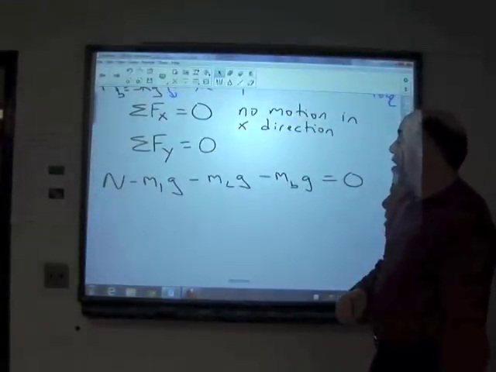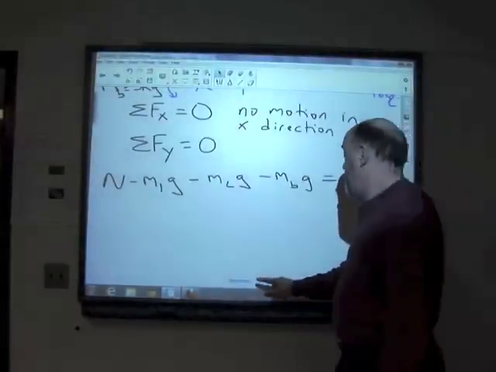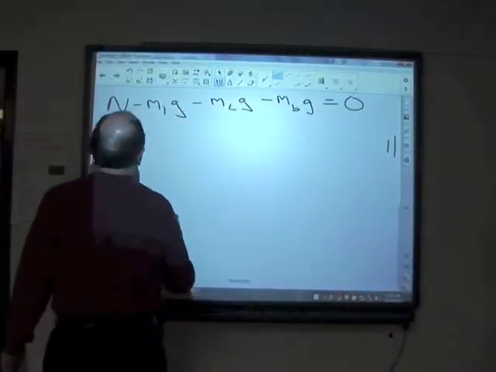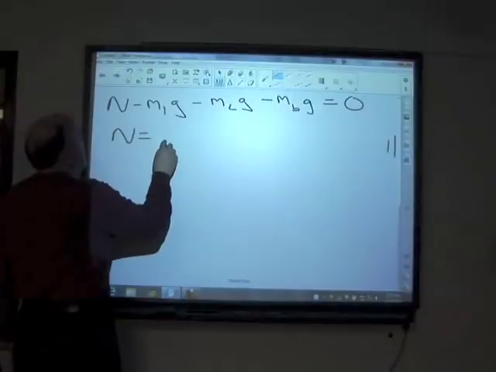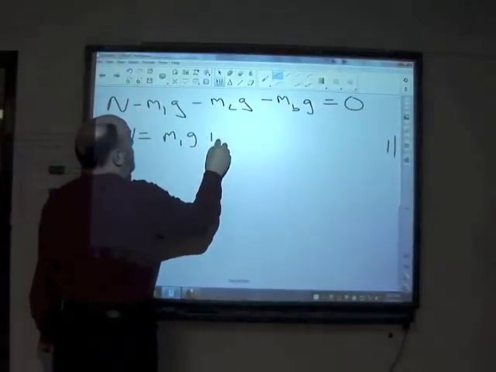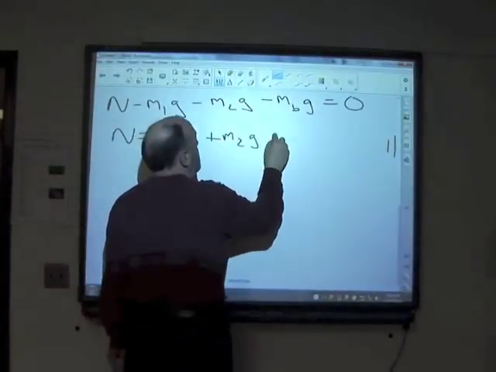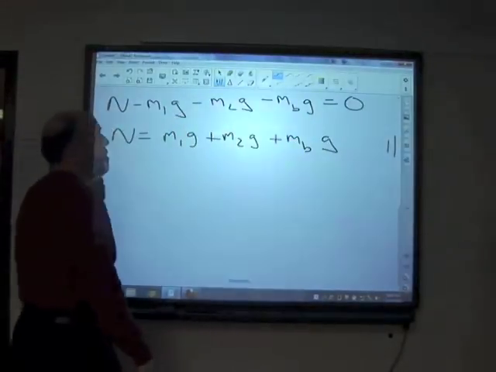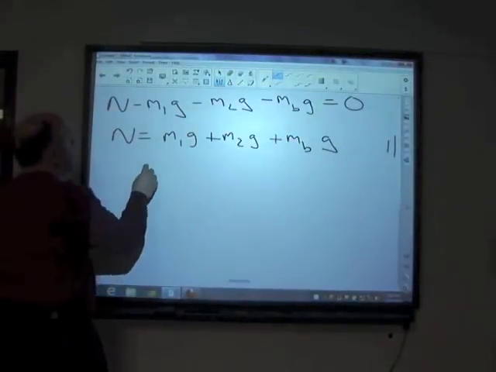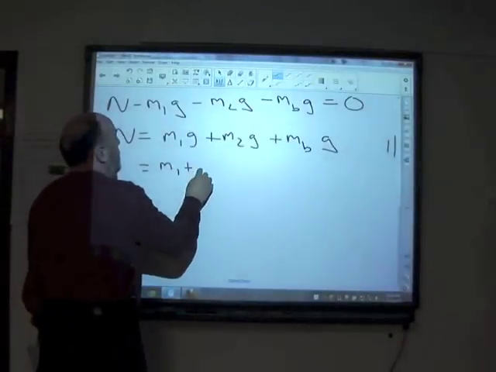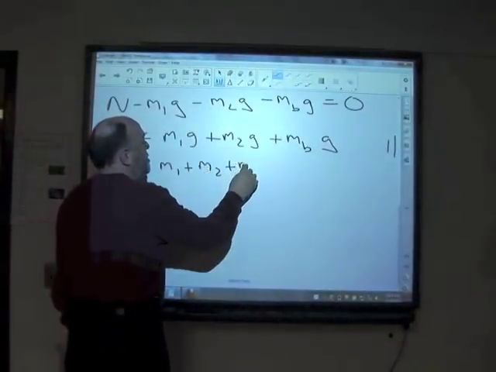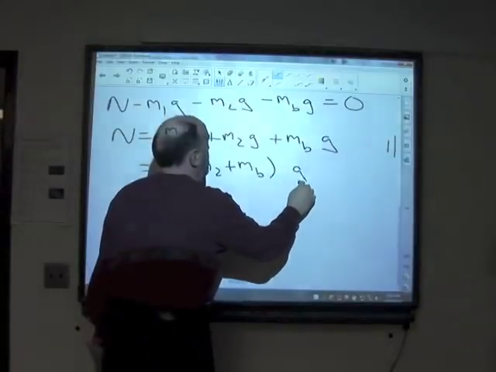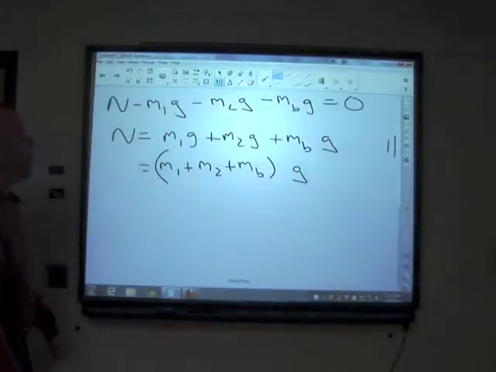So in this one, we can solve for n, the normal force, and the normal force will be equal to just the entire weight of my system. And so this will be m1 plus m2 plus the mass of the board, all times gravity.